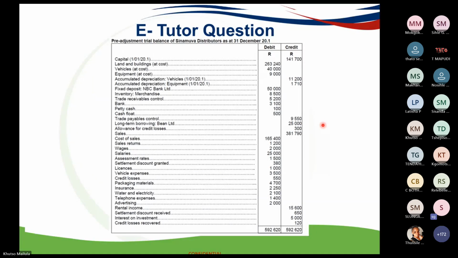My question is on adjustment 11, the last one. I am lost somewhere. I'm trying to understand the relationship between allowance for credit losses and credit losses. There's something I'm not understanding clearly about the relationship between the two. Can you please explain to me?